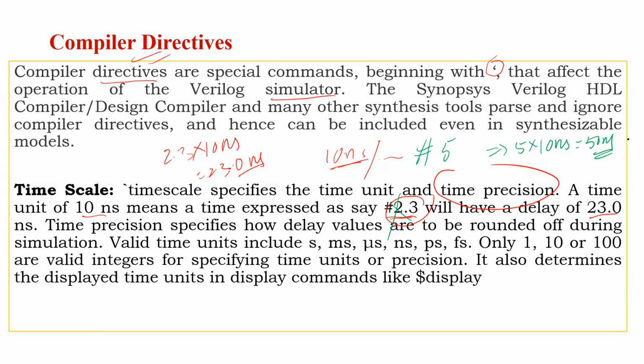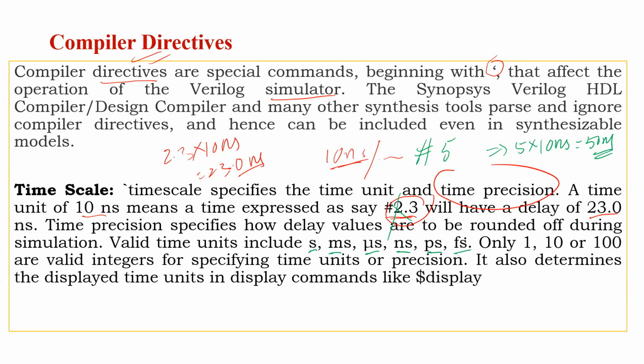Valid time units are seconds, milliseconds, microseconds, nanoseconds, picoseconds, and femtoseconds. You can write any value, like 1 second, 1 millisecond, 1 microsecond, 1 nanosecond, 1 picosecond, 1 femtosecond.